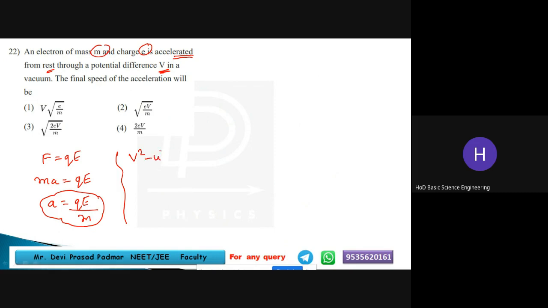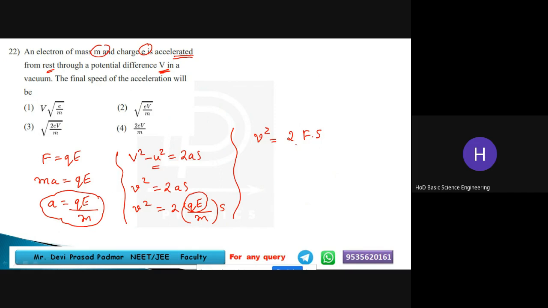V square minus U square equal to 2as, that you know. But U square is 0. Therefore, V square equal to 2as. And the a value you know. So V square equal to 2 into QE divided by m, into s. Now QE is nothing but force. So V square equals 2 into force into displacement divided by mass.